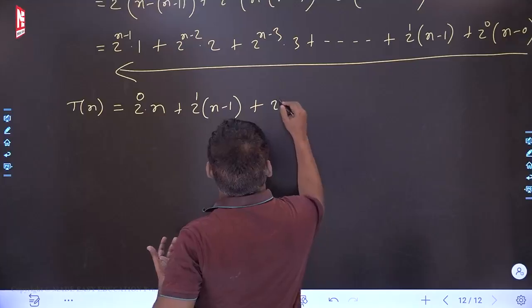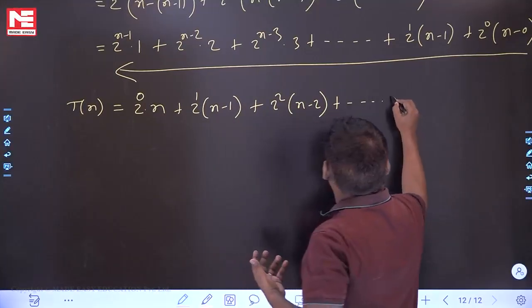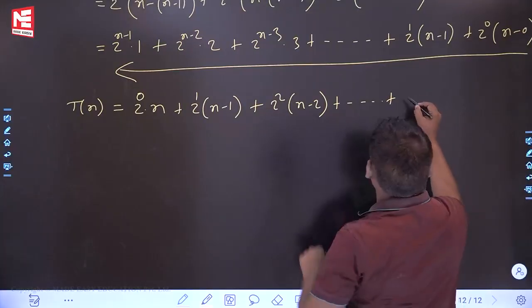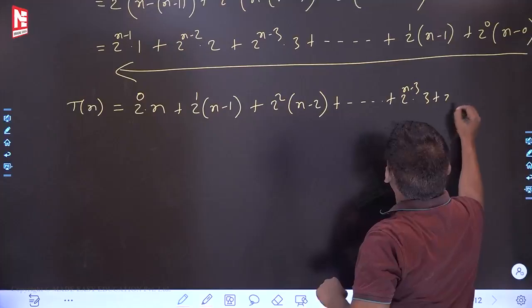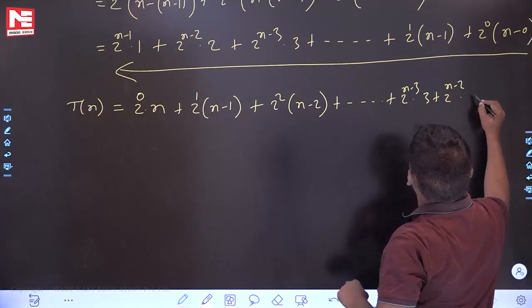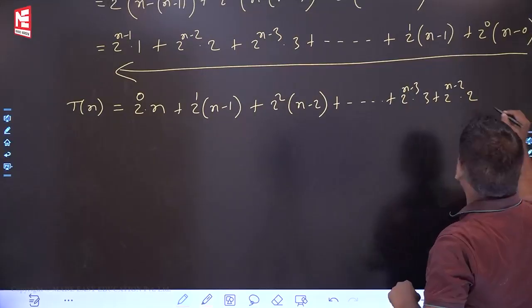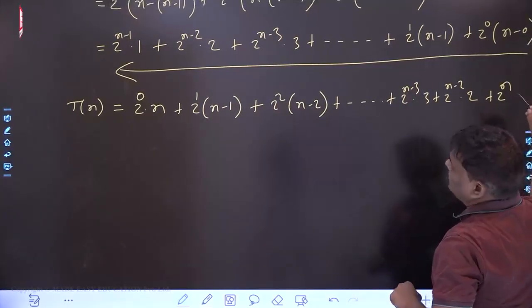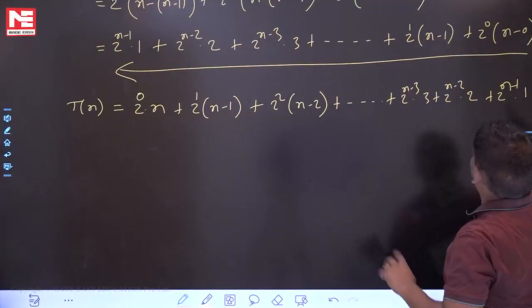Next one, 2 power 2, n minus 2. Next one, what are the last few things? 2 power n minus 3 into 3, 2 power n minus 2 into 2. Please check. Next one, 2 power n minus 1 into 1, like this.